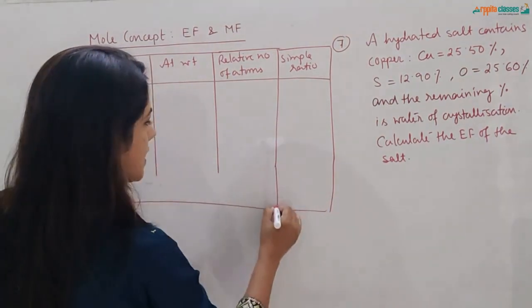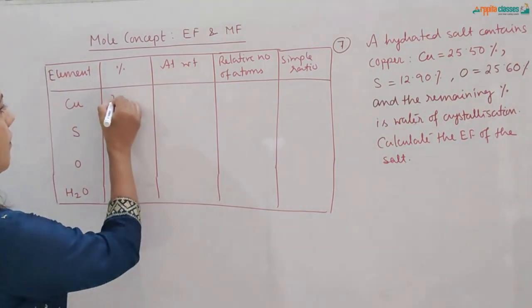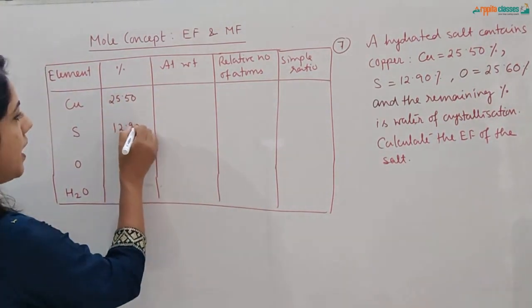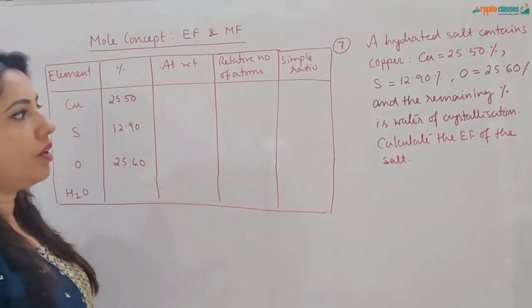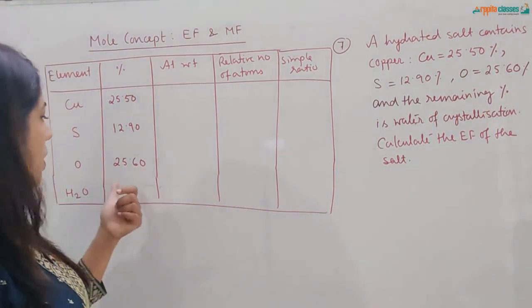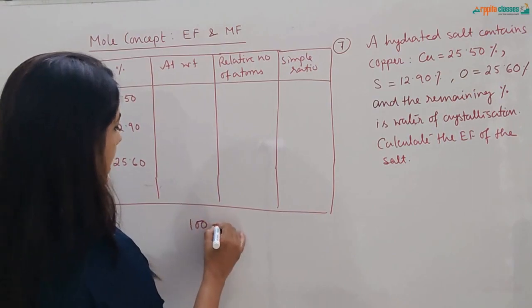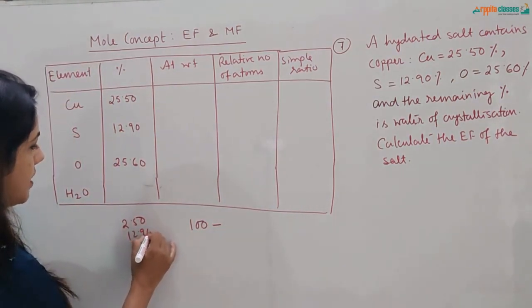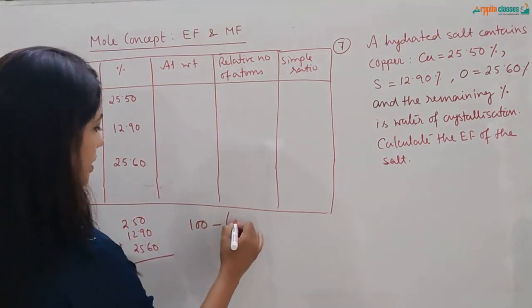Now let us write down the percentages. Copper is 25.50, sulfur is 12.90, oxygen is 25.60, and the remaining percentage. So we need to find out how much percentage is for water of crystallization. So 100 minus 25.50, 12.90 and 25.60.